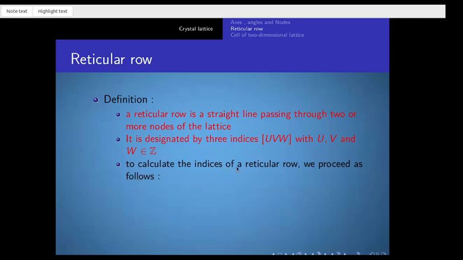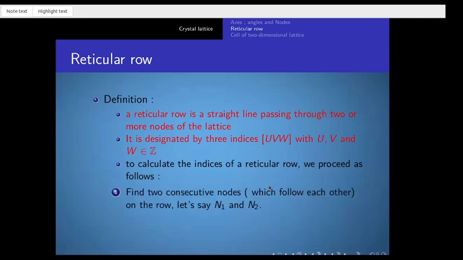To calculate the indices of a reticular row, we proceed as follows. First step, find two consecutive nodes on the row, the nodes which follow each other.